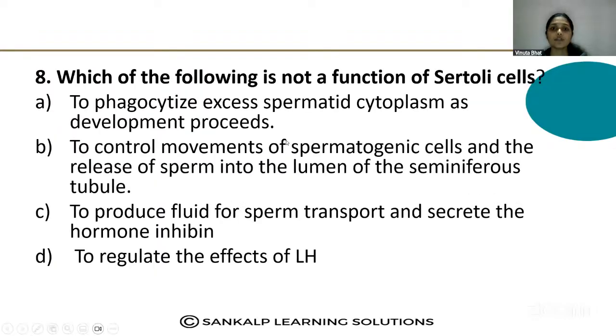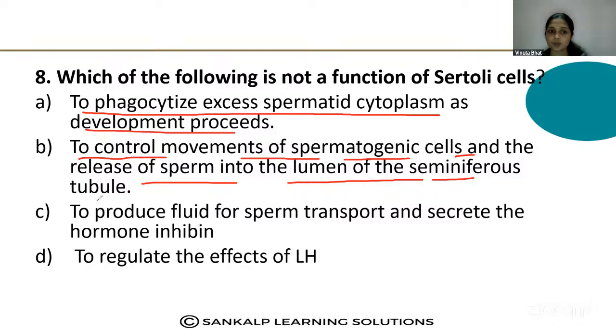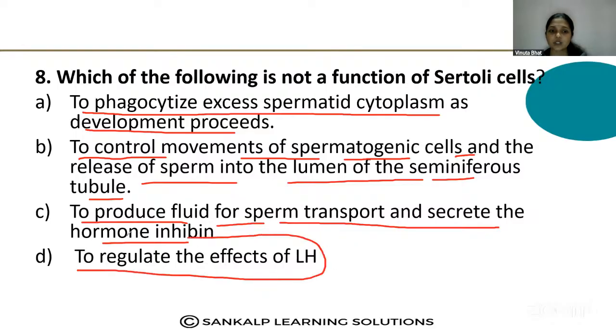Which of the following is not a function of Sertoli cells? To phagocytize the excess spermatid cytoplasm as development proceeds, to control the movement of spermatogenic cells and the release of the sperm into the lumen of the seminiferous tubule, to produce fluid for sperm transport, and to secrete the hormone inhibin to regulate the effects of LH.